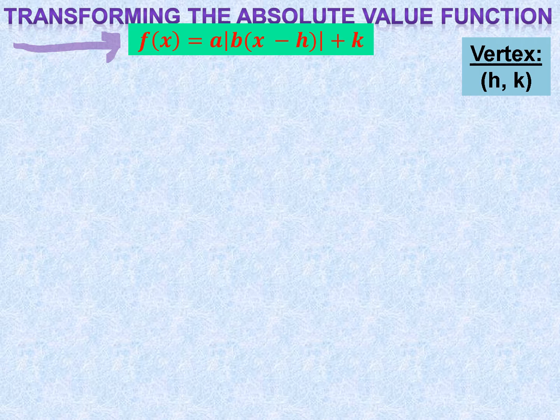So even though it says x minus h, your h is going to be positive in that case. If you see an x plus h, that's really going to be a negative h value, because the proper form is x minus h. So that's why your vertex is h, k, and we'll do some more exploration with that in a minute.